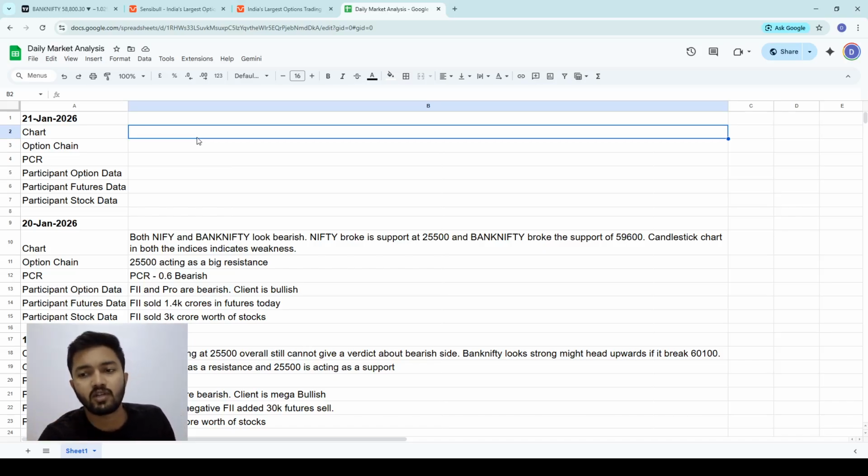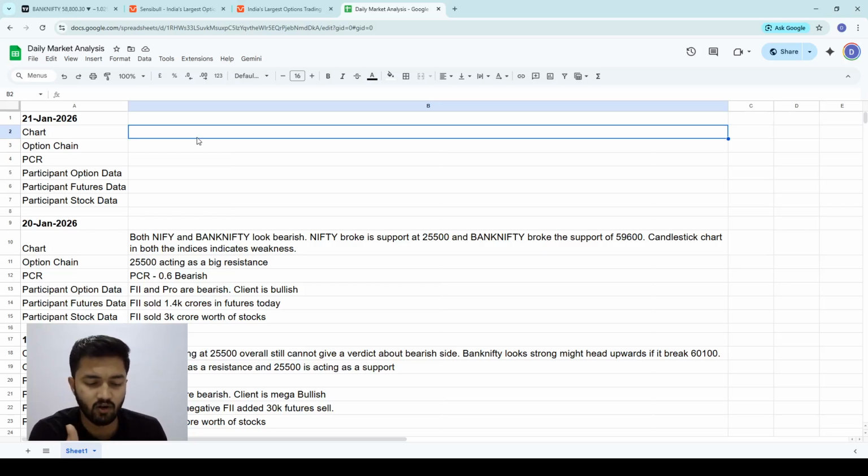There's a lot of good news coming up. There's a lot of FTAs that India is signing. Maybe we are having some sort of free trade agreement coming with the UAE, some sort of Gulf nation, and there's a good possibility that we will sign a free trade agreement with the European Union.